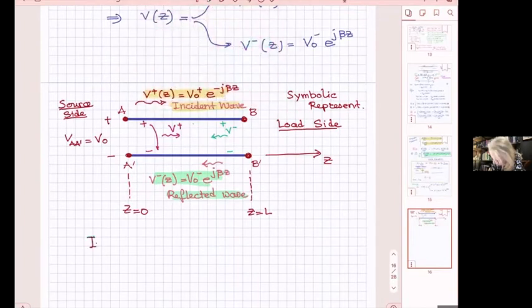incident, and always we show it like this. It has a magnitude and it has an exponential. We'll call it phase. Whatever is the exponent, we call it phase.